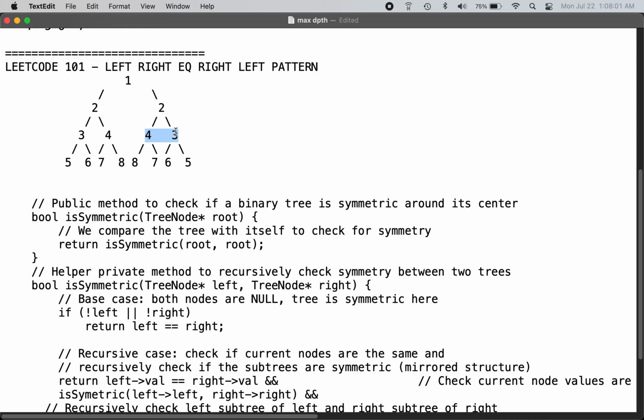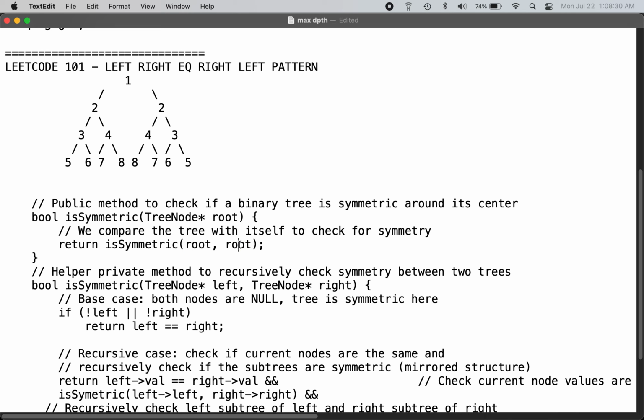So they are not equal, but they are symmetric. I call this the left right equals right left pattern, because you will see in the implementation that it is the key to this solution.